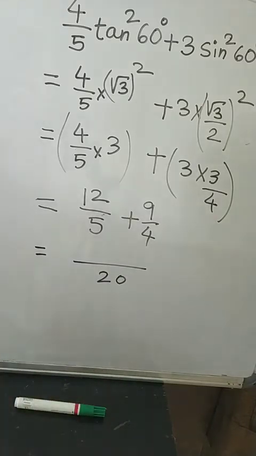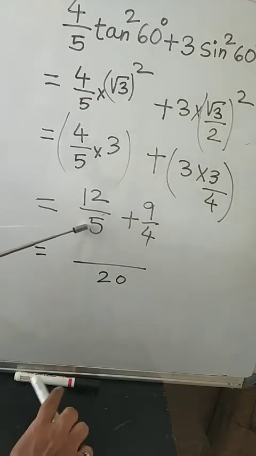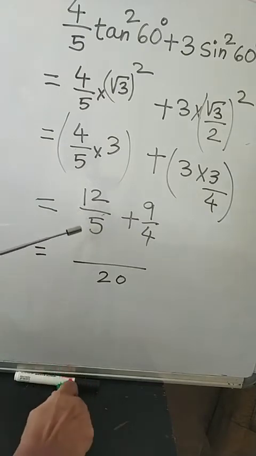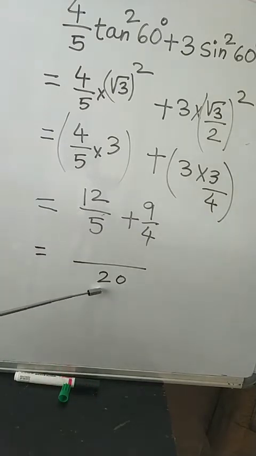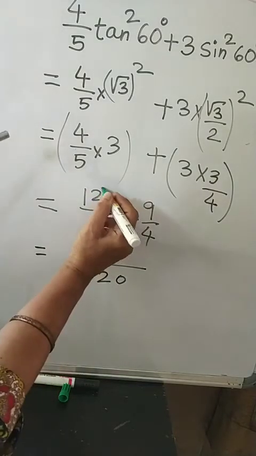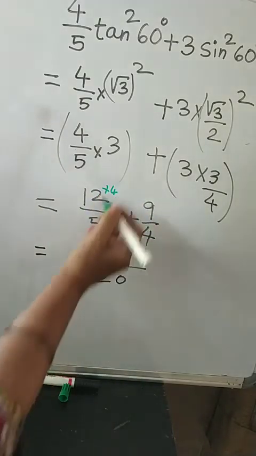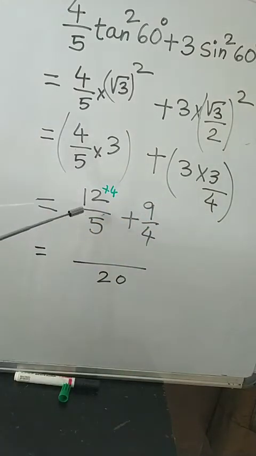Now we are going to see 5, the denominator of the first fraction. How many is 20? 5 4s are 20. Therefore, I write multiplied by 4. I am doing this writing part only for those who do not understand how to do the working with LCM, and this step is absolutely not required.